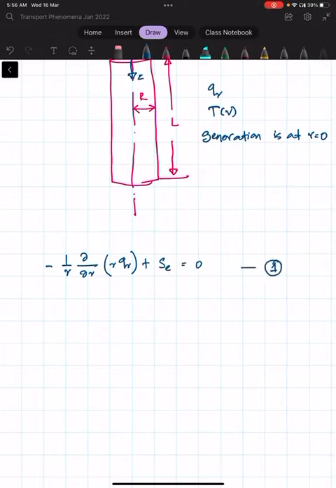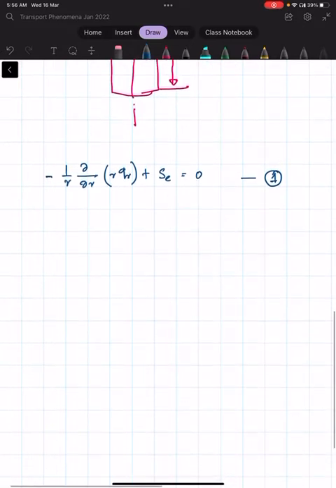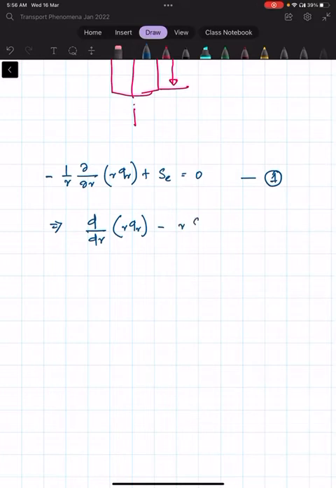This is equation number 1. We can also write this equation as d by dR of R QR minus R SE equals 0.